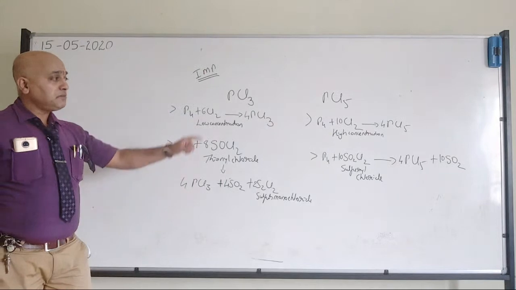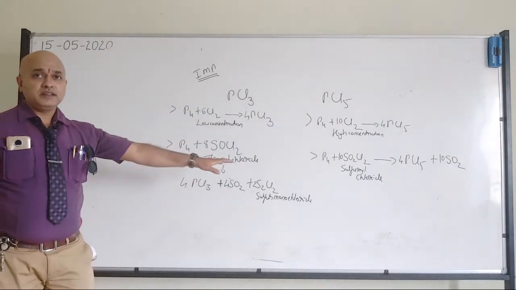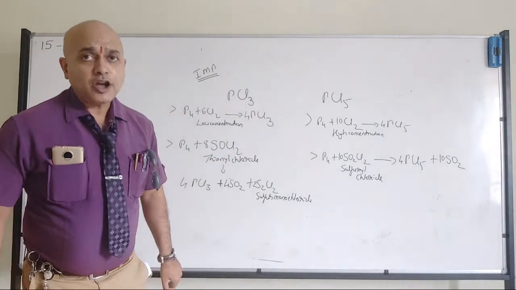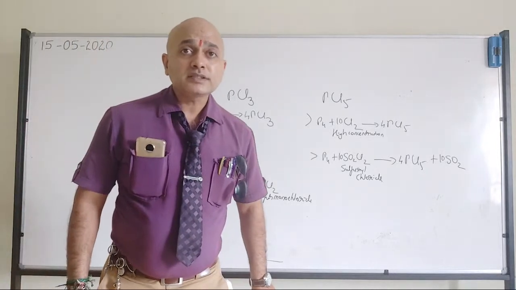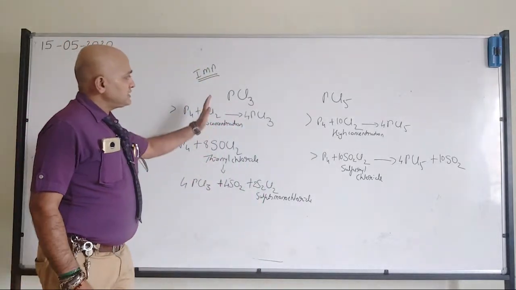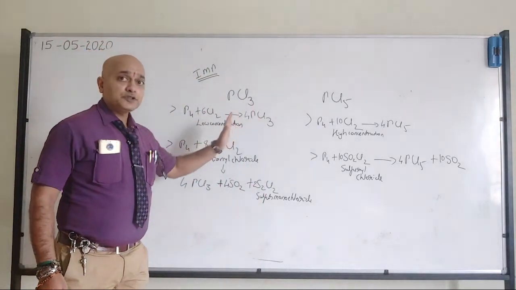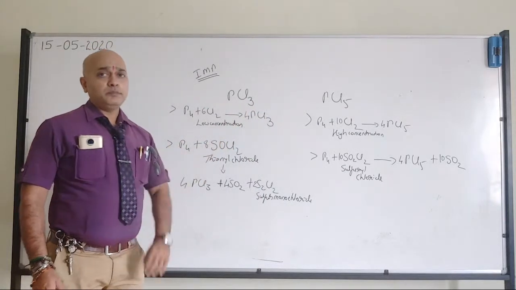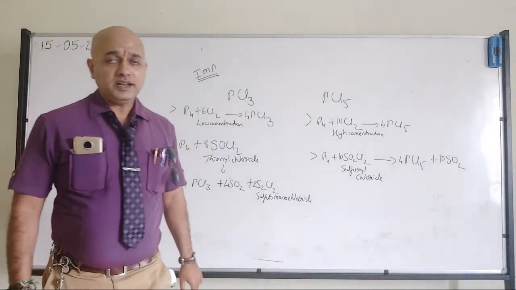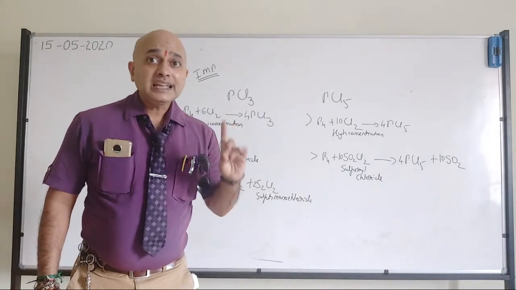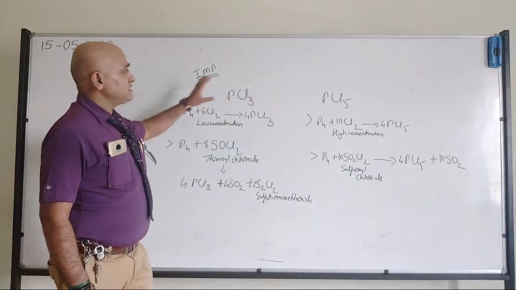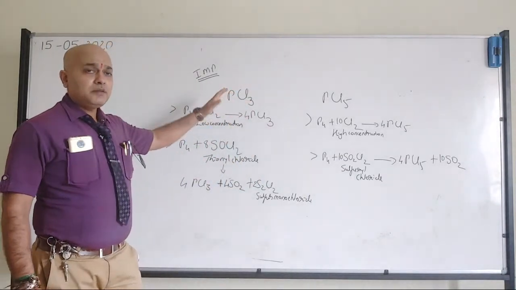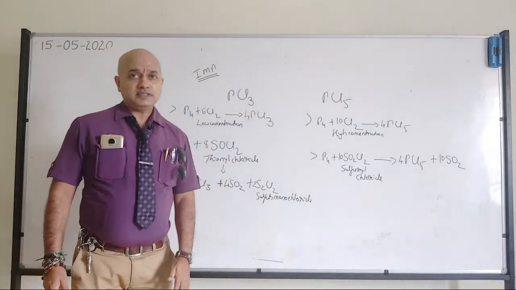Anyway, I will stop here. In tomorrow's class, we are going to discuss the difference in these two with respect to their chemical properties. That is also a bit important. There also I will do the same thing: I will make 2 columns and discuss the reactions.